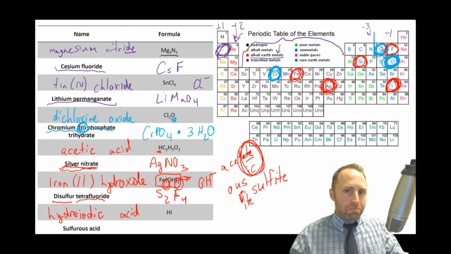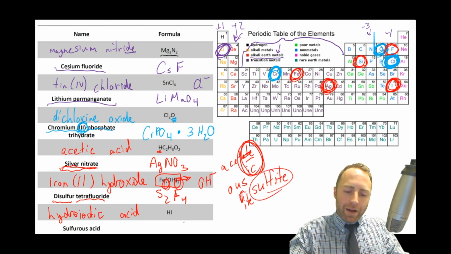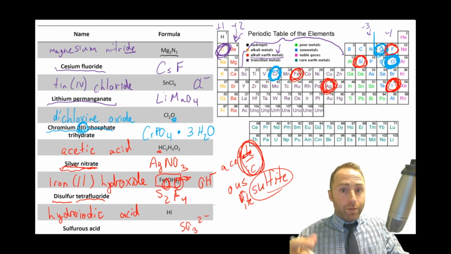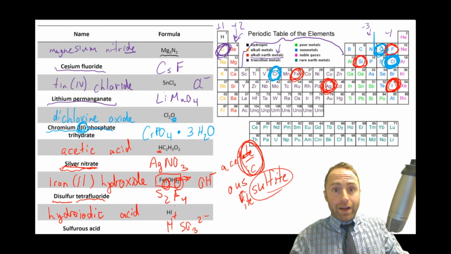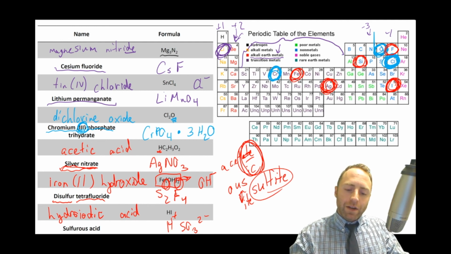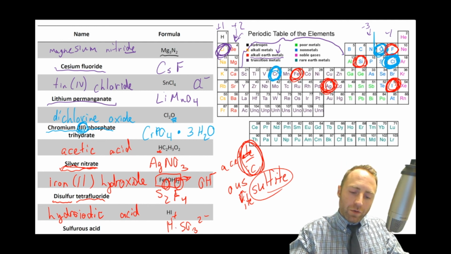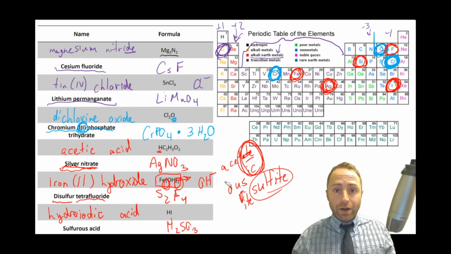Sorry, but it is coming from sulfite. And that sulfite has the SO3 2- charge. Now we need to make sure, because it's an acid, it starts with an H. The H has a +1 charge, that hydrogen ion. So how many do we need? We need a total of 2 of them, because then we'll have a total of 2 positive charges to balance out the 2 negatives. So there you go. There's all your species. Hope that helped out a little bit.